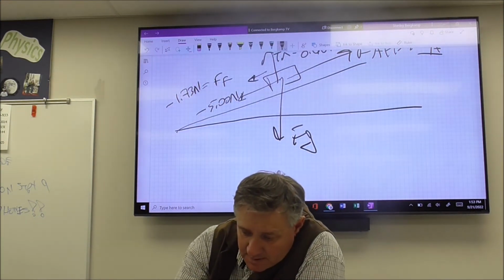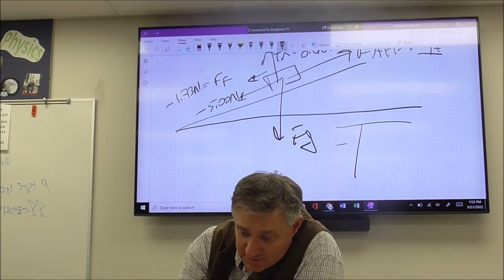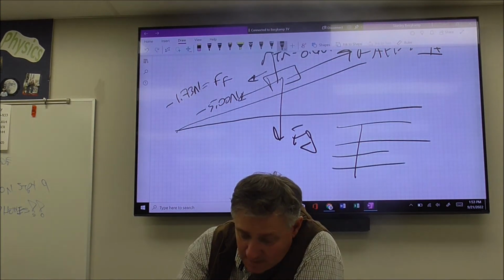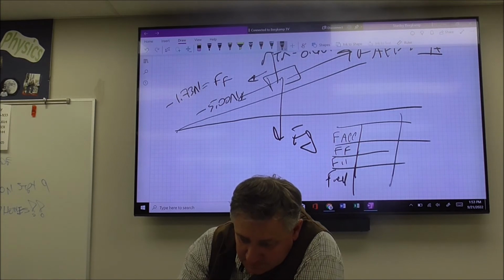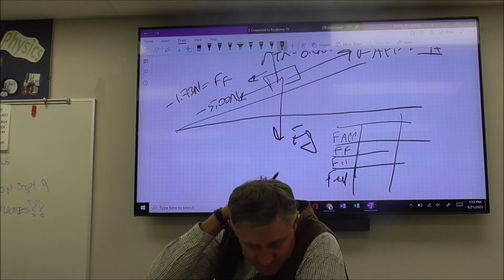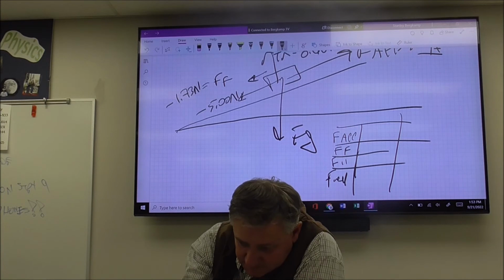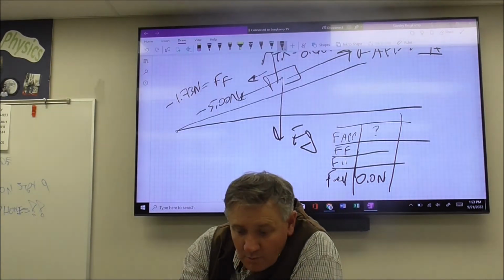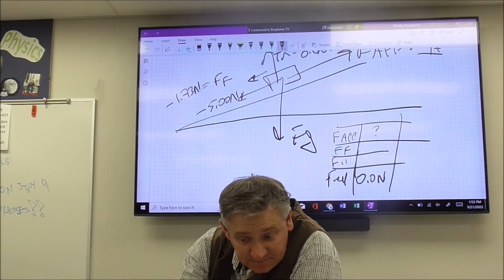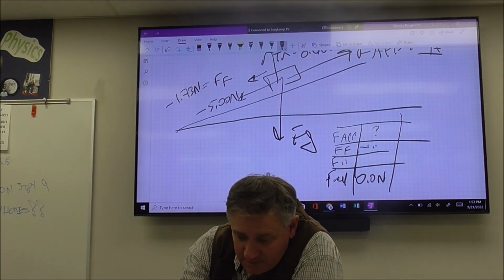Now, if you go to the chart, you've got force applied, force friction, force parallel, force net. What do you want everything to add up to? 0. Now, my applied force, I don't know that value. What's the value of my force friction? Negative 1.73.